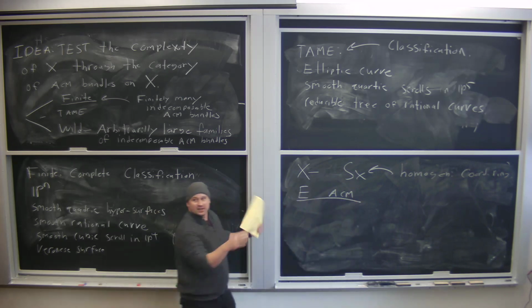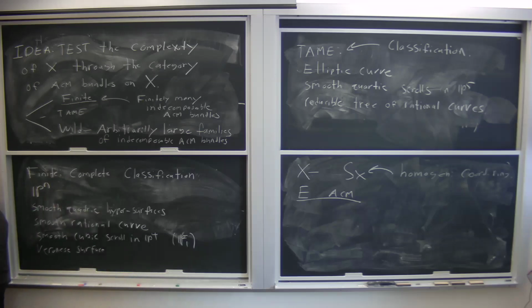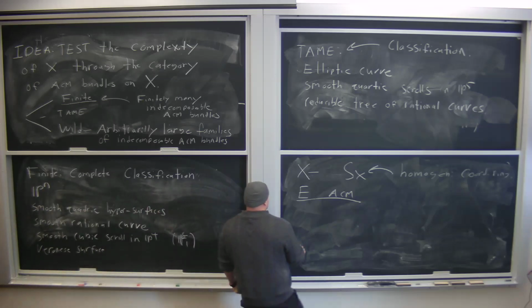ACM is like the geometric side. If I'm trying to do more commutative algebra, what do I look at?